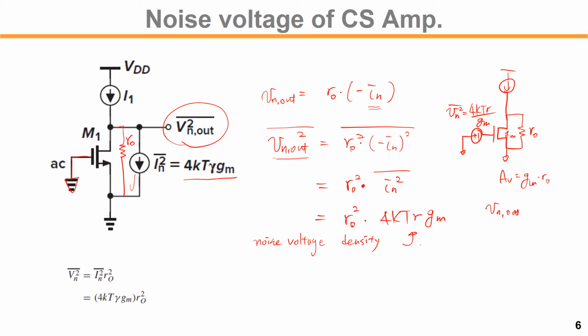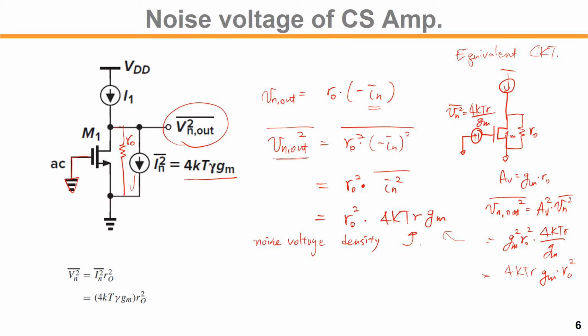So Vn out squared expectation is AV squared times Vn squared expectation. That results in GM squared RO squared times 4KT gamma over GM, which is exactly the same as before: 4KT gamma GM RO squared. Okay, this is the equivalent circuit.